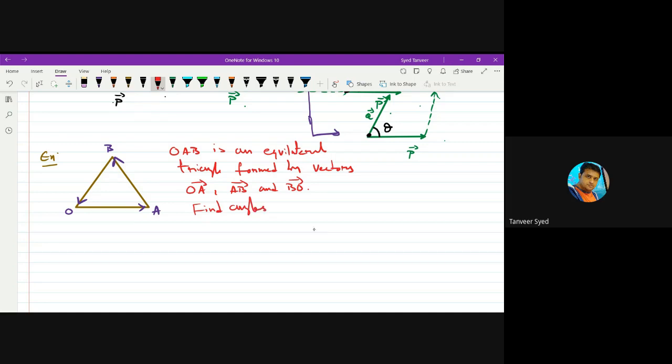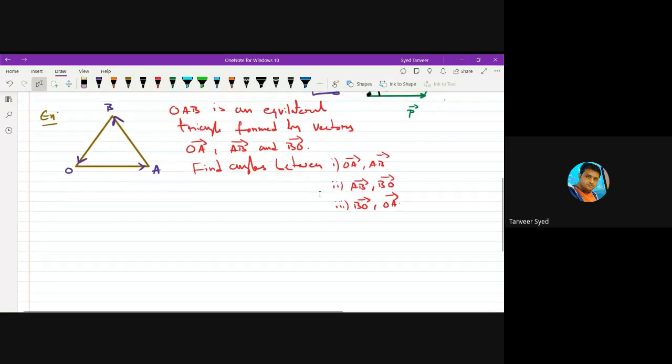Find angles between OA and AB, AB and BO, BO and OA. We want these three angles.